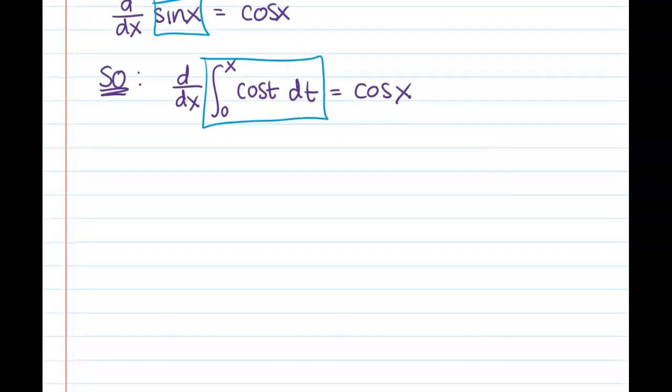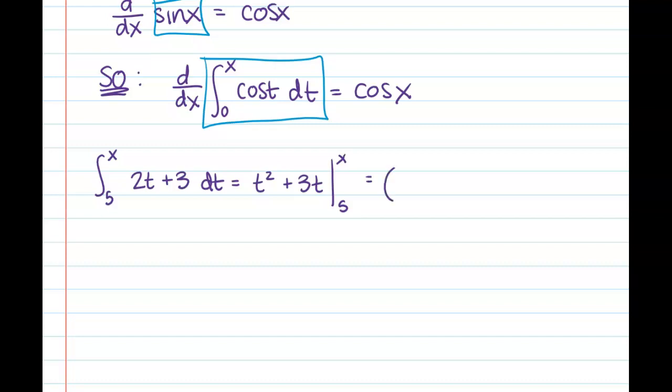Let's look at another one. The integral from 5 to x of 2t plus 3 dt. Integral of 2t is 2t squared over 2, which is t squared. Integral of 3 is 3t. Evaluating from 5 to x.